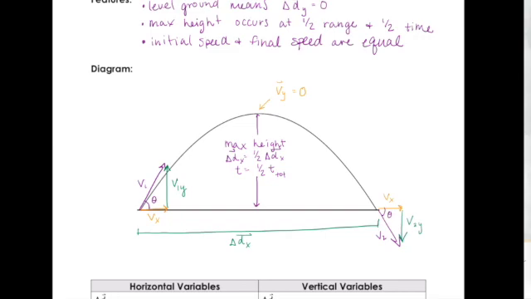For these equations, your V1y is going to be equal to your V2y. Your final and initial velocities are the same because we have level ground.